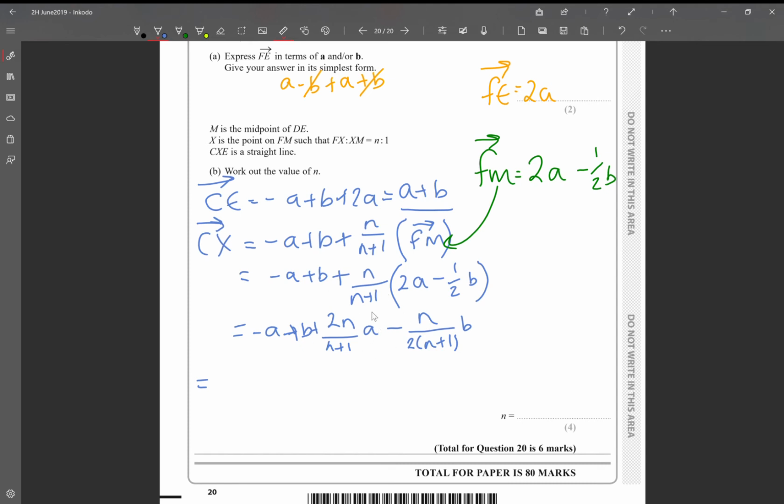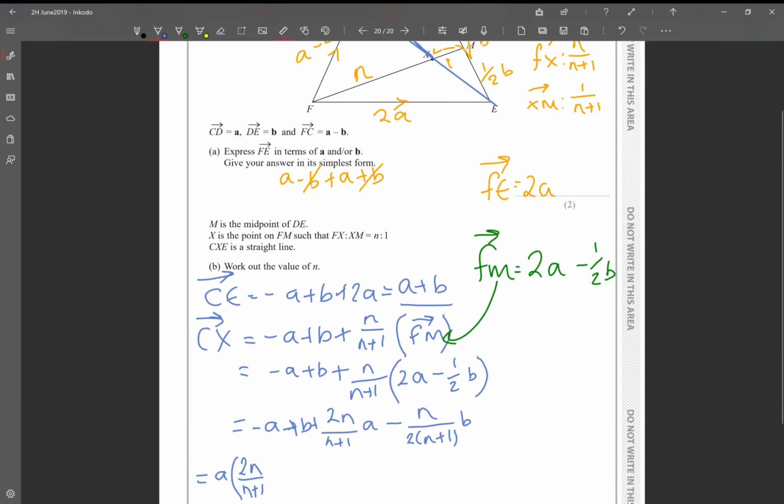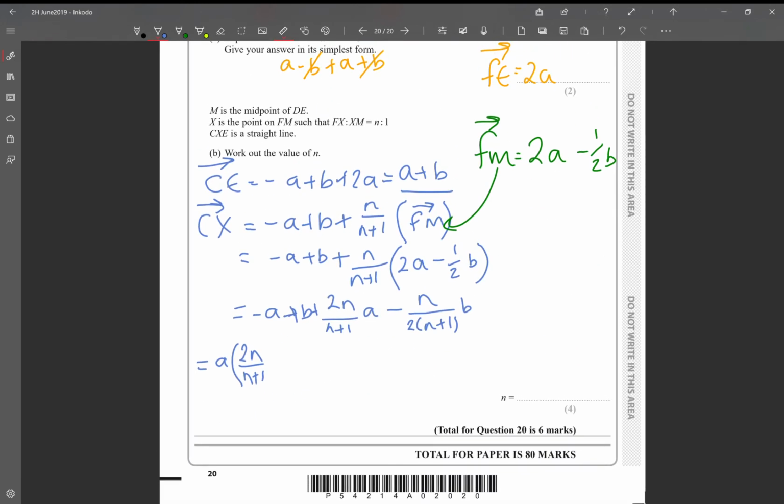If we divide all of this by a, bring a out in front, we end up with 2n over n plus 1 and then minus 1. And then with b, minus 1 is, by the way, because it's minus a, dividing minus a by a, minus 1.